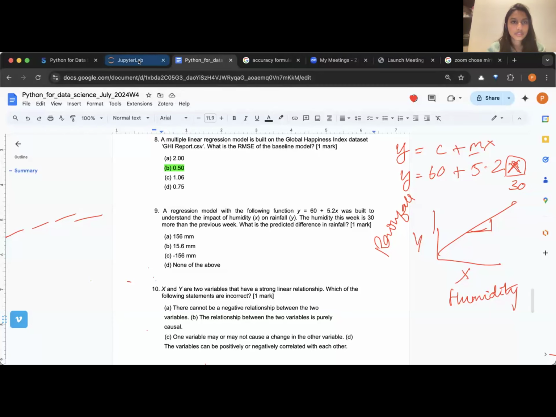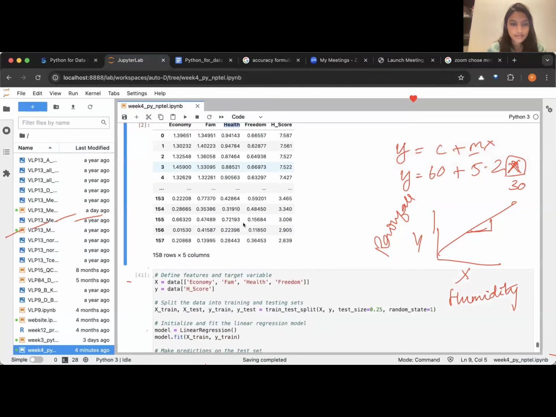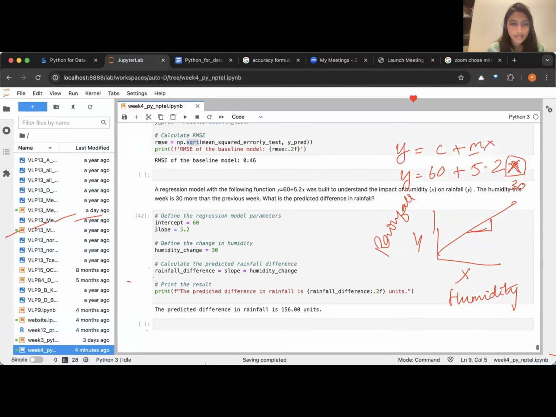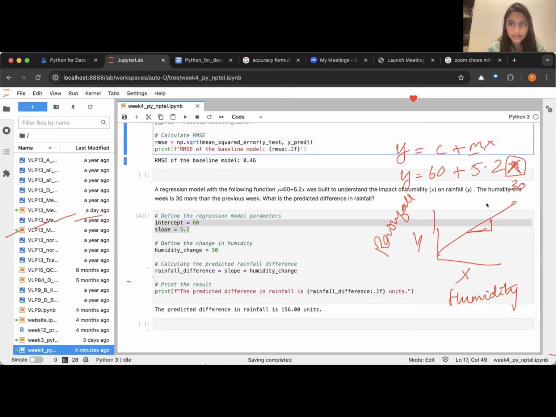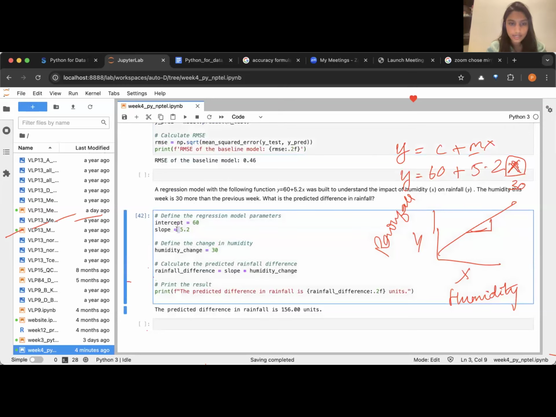Now you just do the same with Python. You remember, y is equal to mx plus c. m is the slope, so slope is equal to 5.2. We are defining it here. Intercept c is 60. Humidity change, which is our x, is 30. Rainfall difference is y, which we need to predict. So we do slope into humidity.